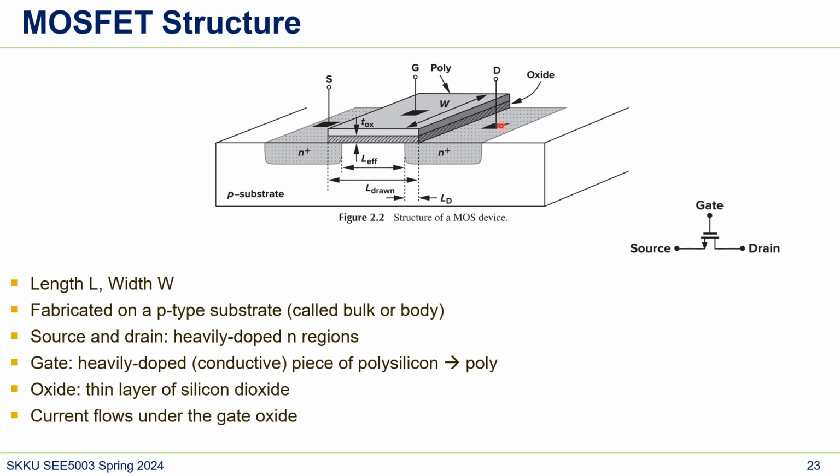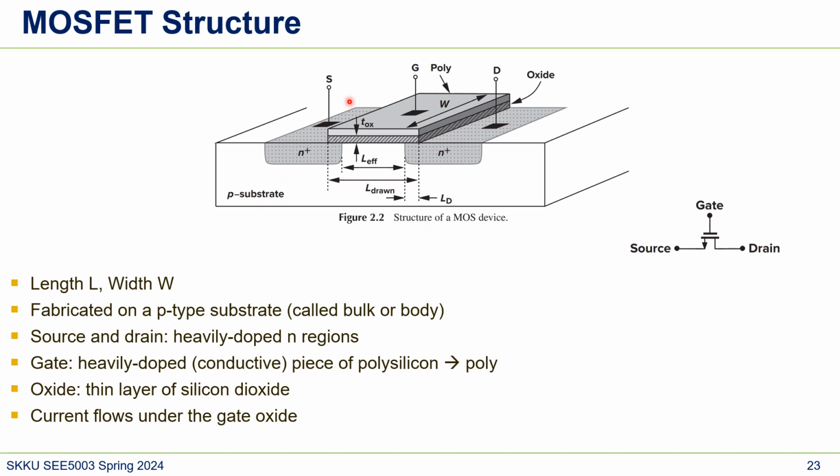All of this MOSFET, the gate, drain and source, are fabricated on top of this P-type substrate. We call this the bulk or body. We'll come back to bulk and body. This is important. We have to control the voltage of bulk and body well to operate this MOSFET properly.